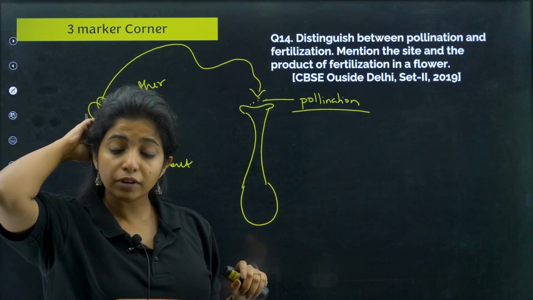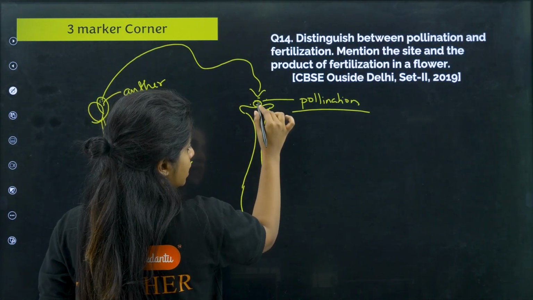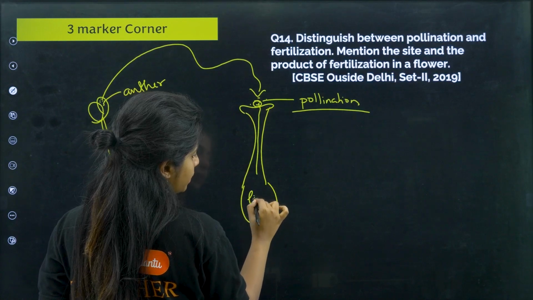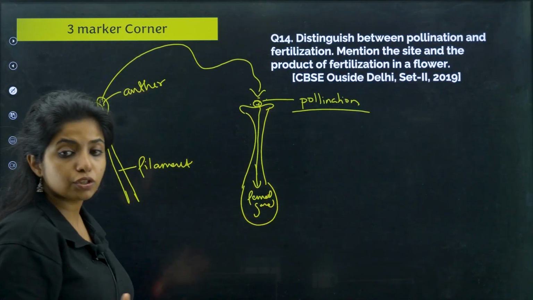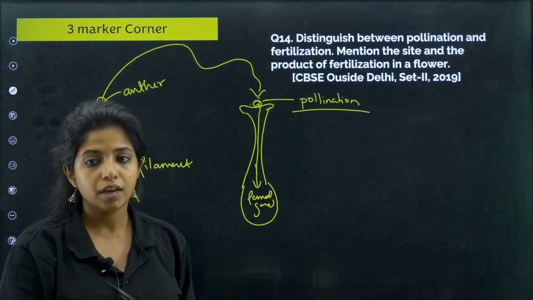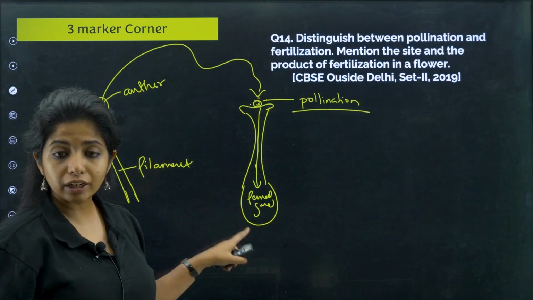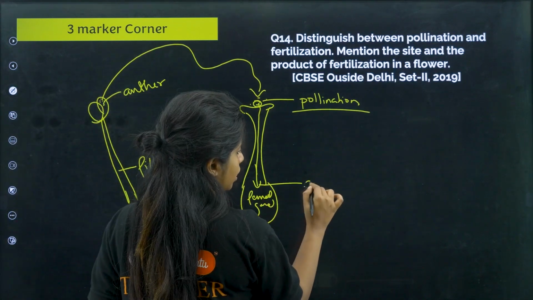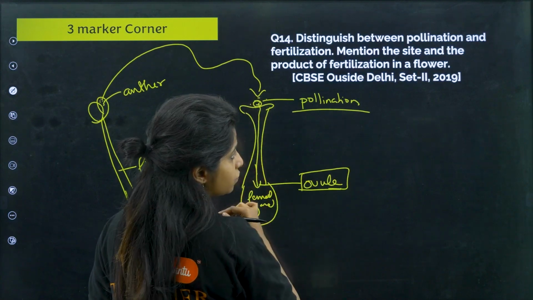Now, what do you mean by fertilization? Fertilization is the fusion of the male and the female gamete. That is the difference. Now, mention the site and the product of fertilization in a flower. The site of fertilization is the ovule, children.